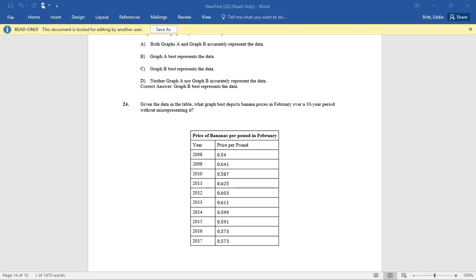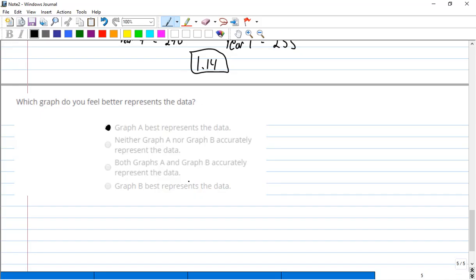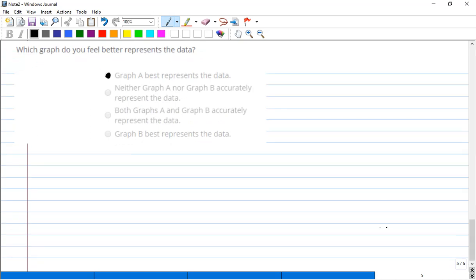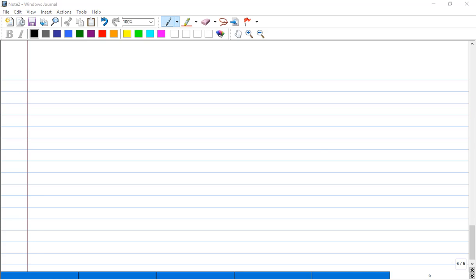I'm going to give you an example and show you what I'm talking about. In this example that I'm about to show you, it doesn't show bananas, it shows bread, but it's the same concept again.